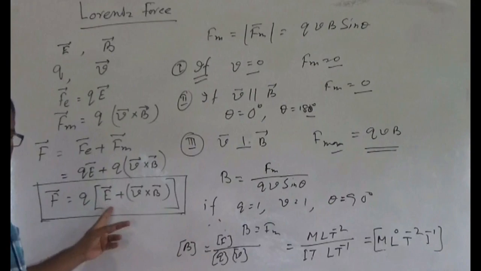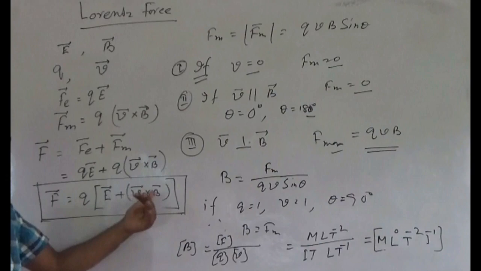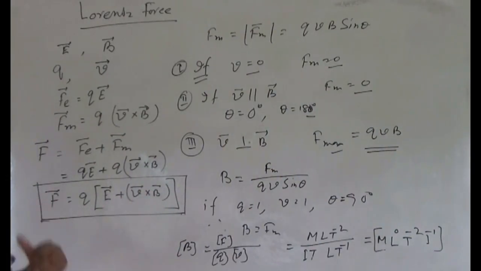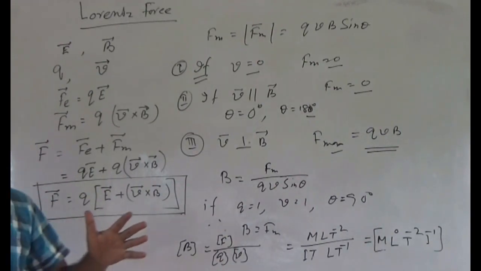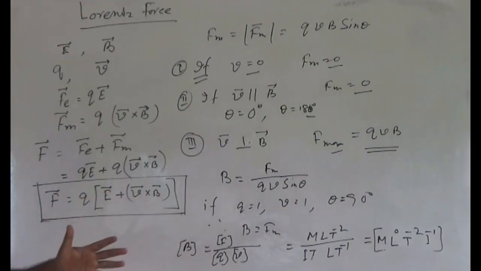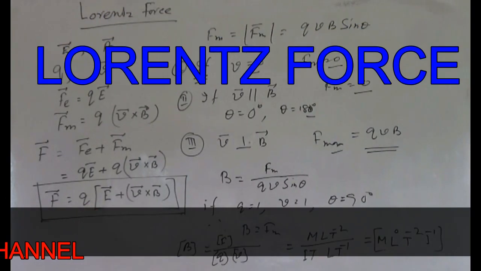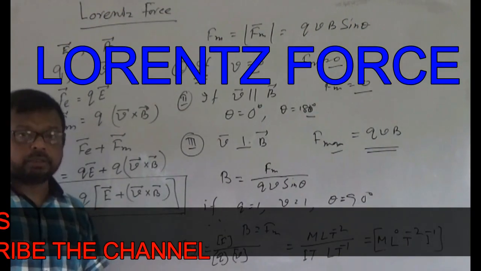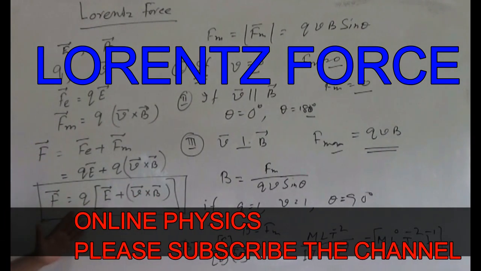If there is no electric field, then there will be only magnetic force, that is F is equal to Q into V cross B. If there is no magnetic field, then the charge will experience only the electric force, Q into E. If the charge is moving parallel or anti-parallel to the magnetic field, then there will be only electric force. If the charge is at rest, then there will be only the electric force. There is no magnetic force. Right? These have to be remembered.